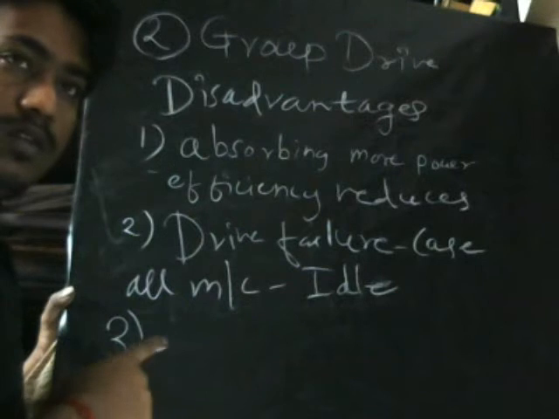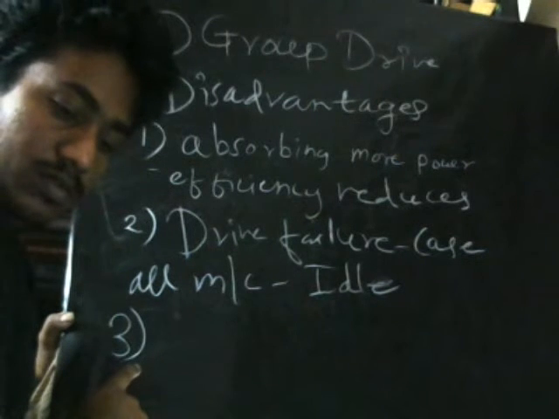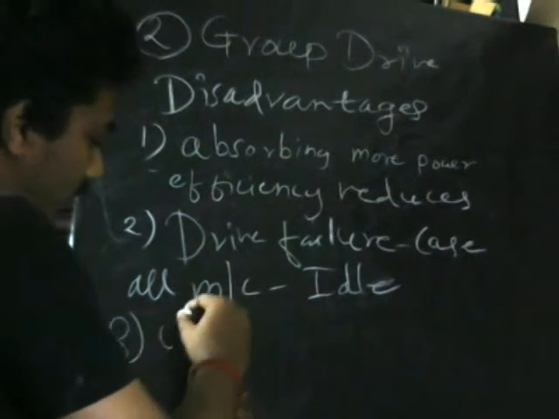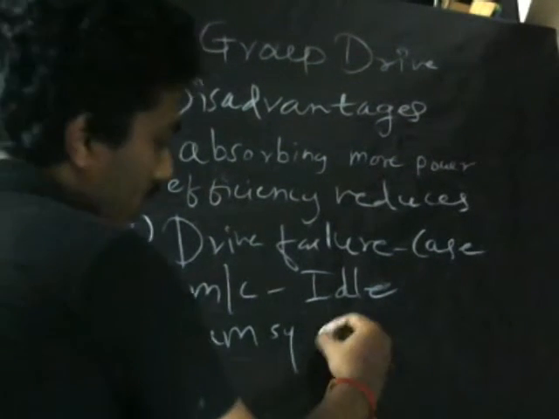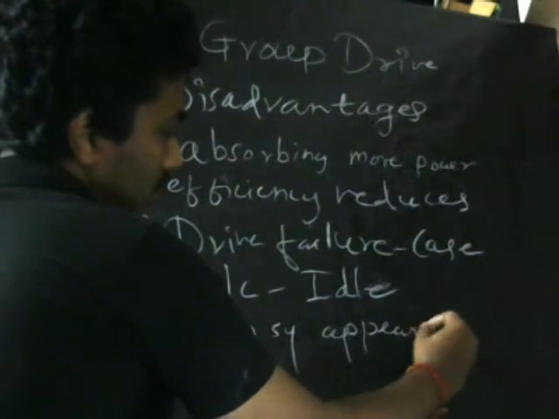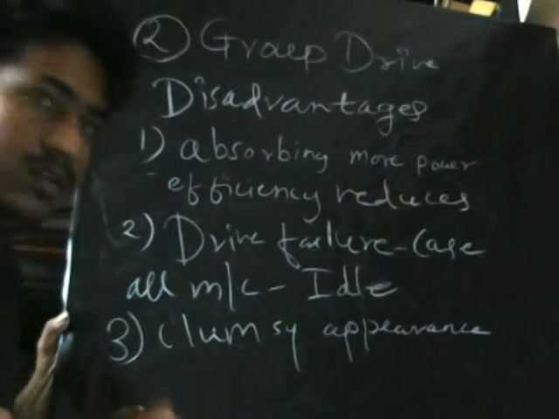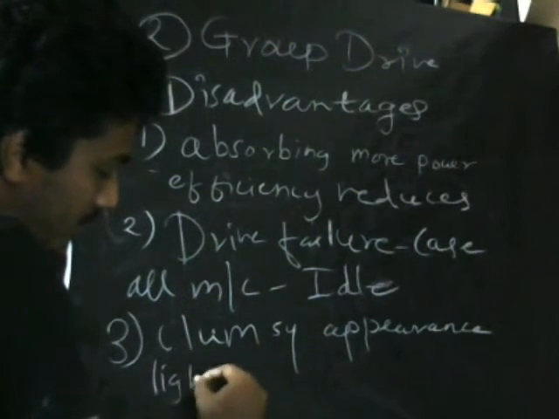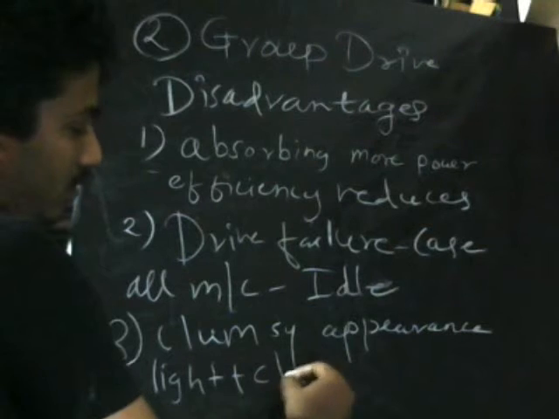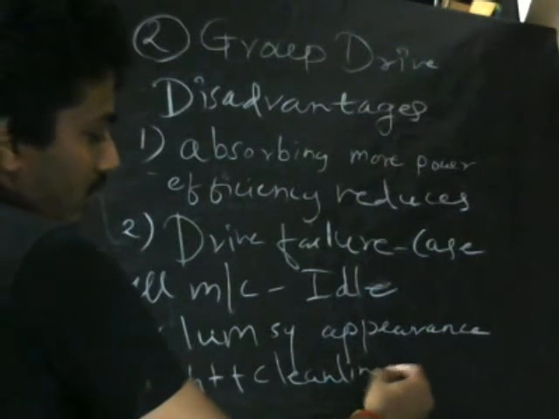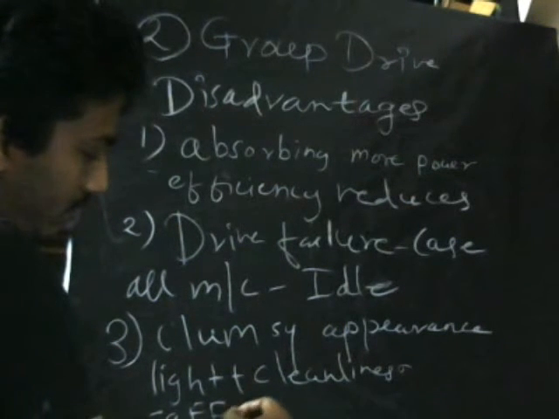So what we are seeing right now is clumsy appearance. Why clumsy? Because light and cleanliness will be affected.